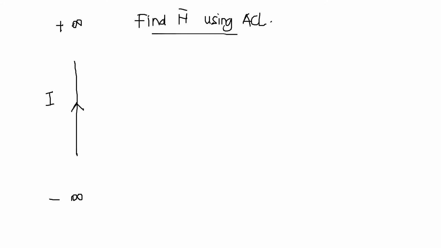This is our I, and the I is to the positive infinity where it comes from the negative infinity. And now the question is find H using ACL. So this is the question.